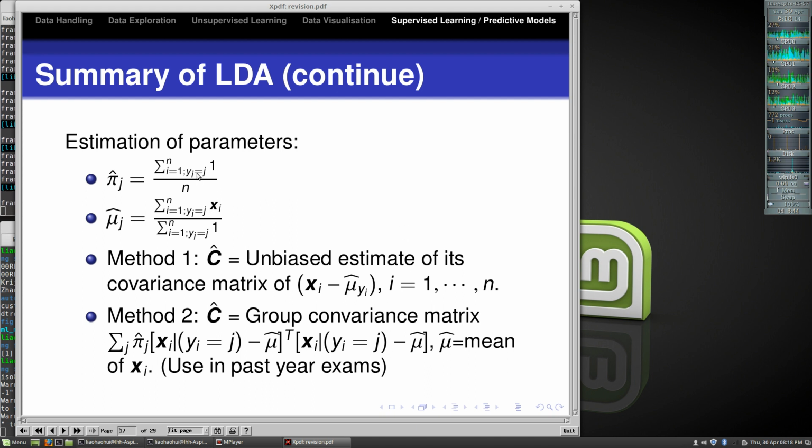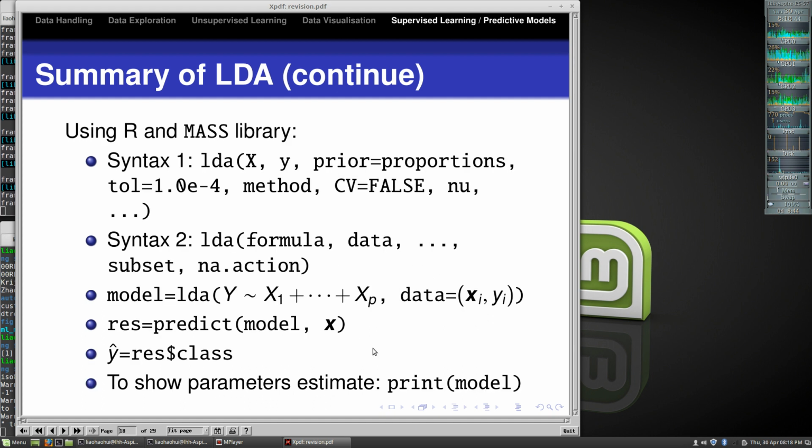Finding the mean and the prior probability is relatively simple, but the group covariance matrix is not. For the group covariance matrix, you can either use R or what else? Calculator, if you are really good with the scientific calculator to find the inverse.